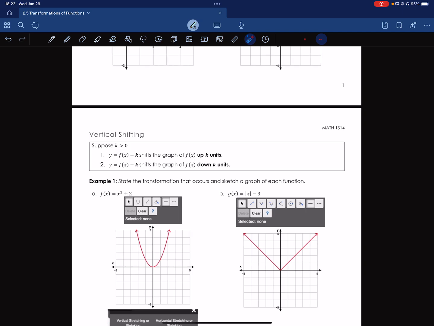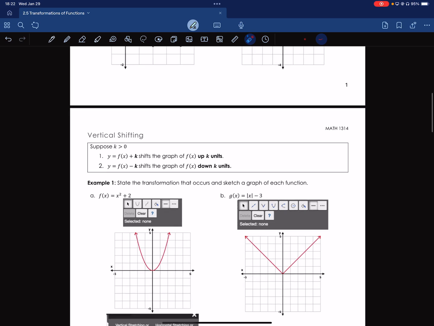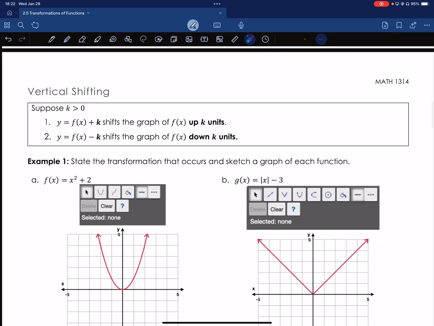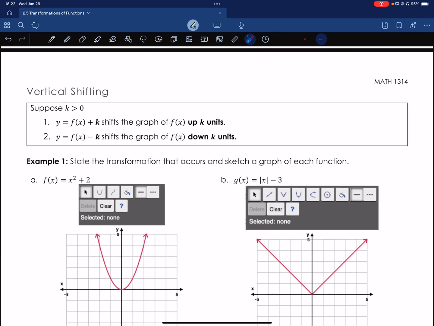Okay, so transformations. Every transformation, what moves a graph up, down, left, right, is the exact same in every function, no matter what. So if you have a function plus or minus something, a value, in this case we have k.